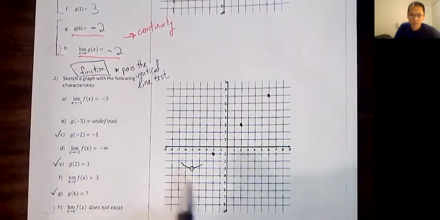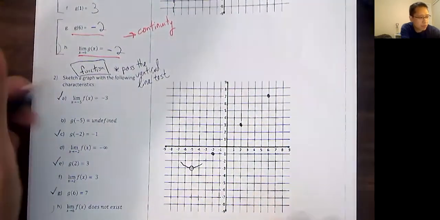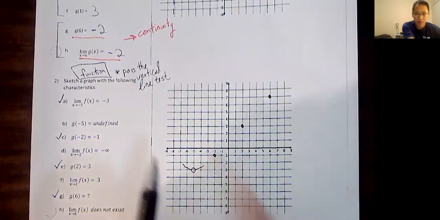So right now I'm leaving this incomplete, but at least I've taken care of this property here, right? If I pick points on either side of -5 and I follow the graph, it is moving me towards -3.